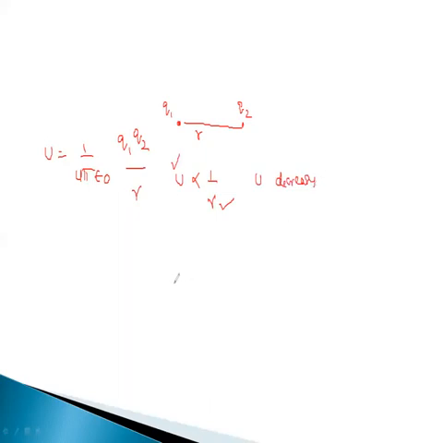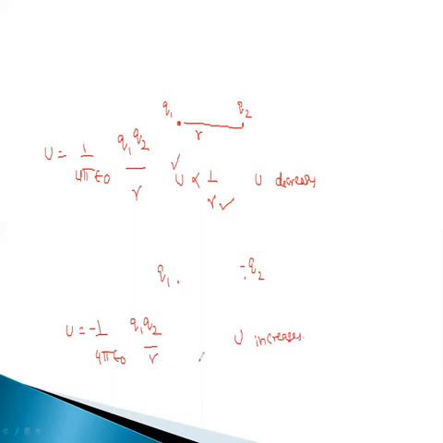That is, if two charges are taken, of course, one is a positive charge Q1 and the second one is a negative charge Q2. In this case, potential energy becomes 1 by 4 pi epsilon naught into minus Q1 Q2 by R. Since it has a negative sign, when R increases, U also increases.